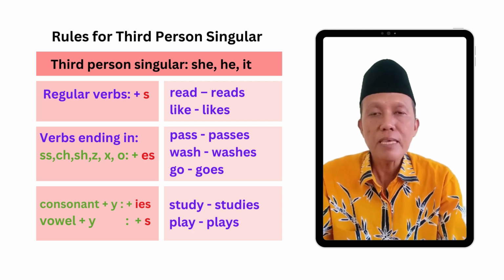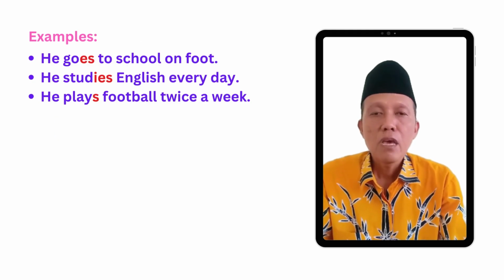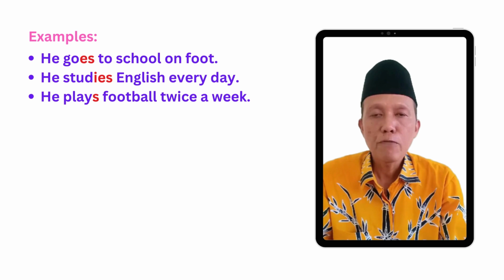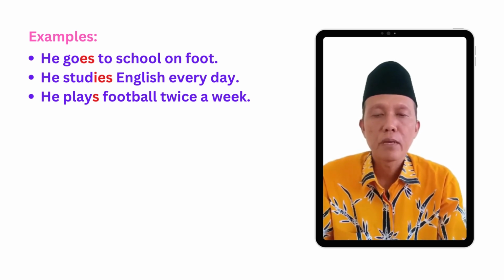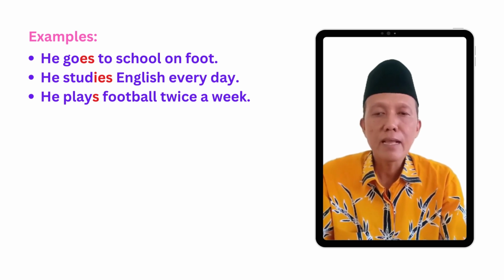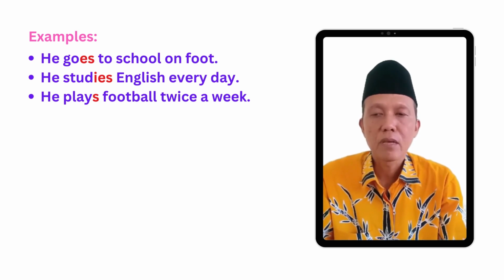Look at the examples. He goes to school on foot. We add ES at the end of verb go because the verb go ends in O. So again, we add ES at the end of verb go. Next example, he studies English every day.